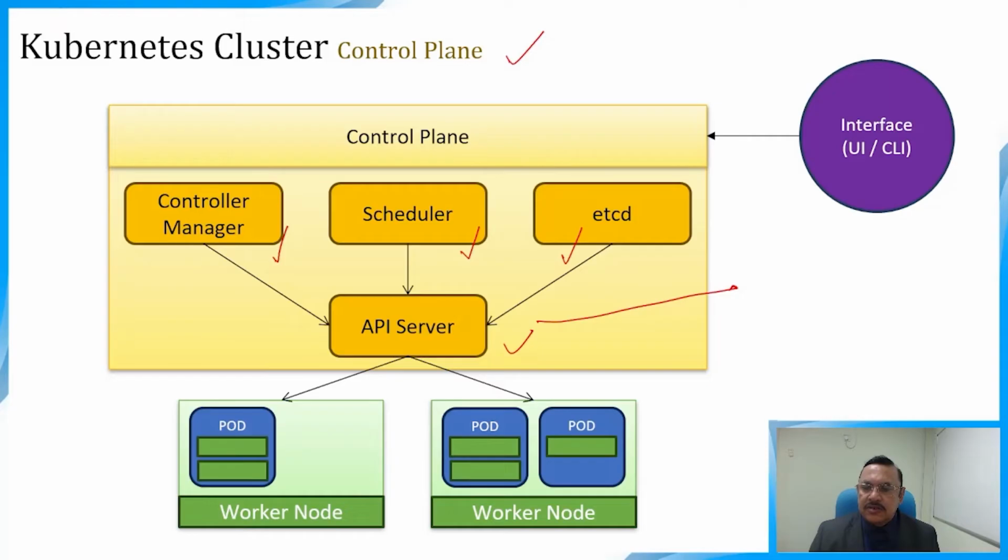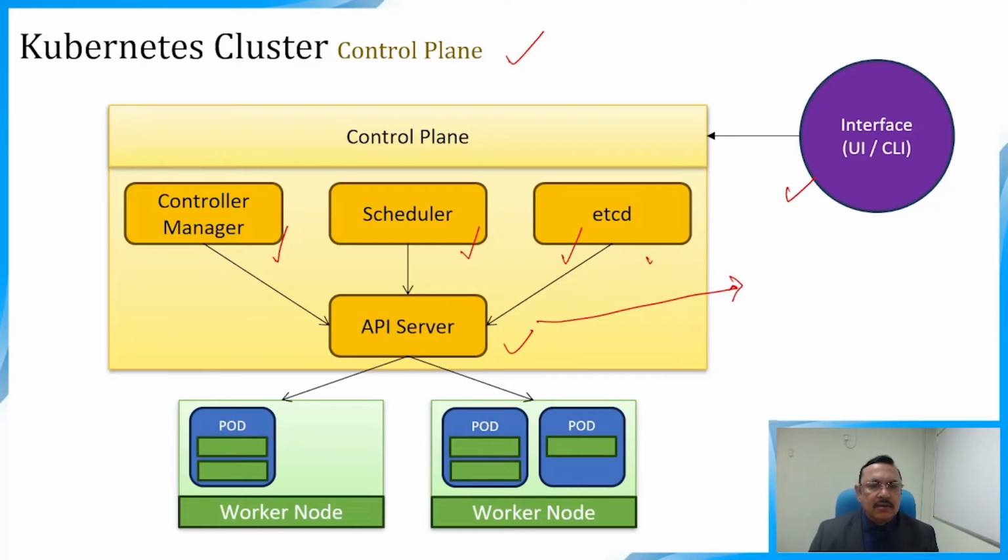It exposes a RESTful API that allows clients to interact with the control plane and submit requests to manage the cluster. For example, kubectl is a command line interface that can be used to manage the Kubernetes cluster. It uses the HTTP REST API to talk to the API server.